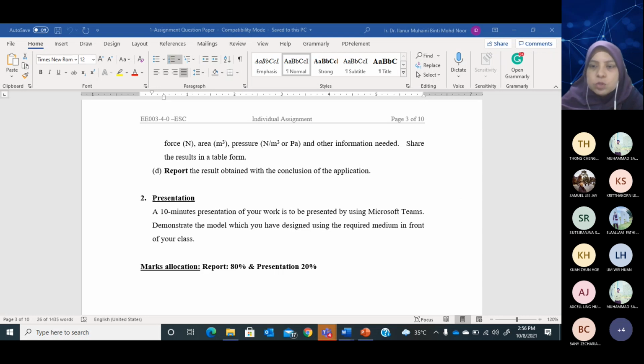Use iPhone, I'm not sure, Lim. Because I'm not using iPhone also. Use iPhone, then put the thing on iPhone, is it? Wow. Maybe you can show a video, Lim.